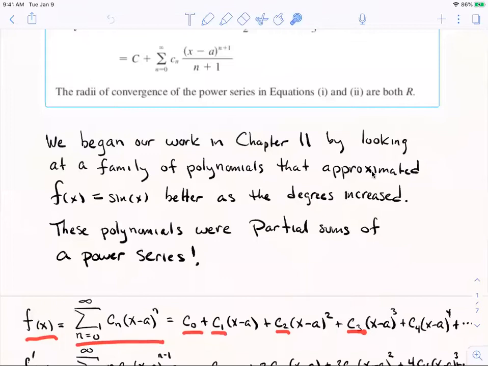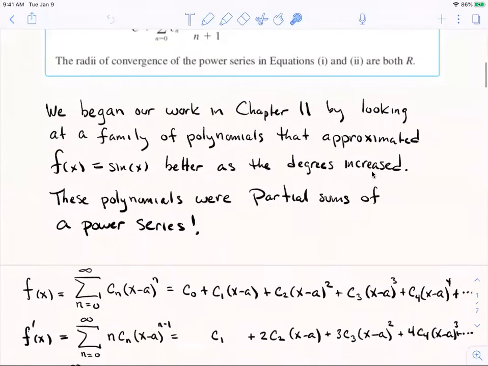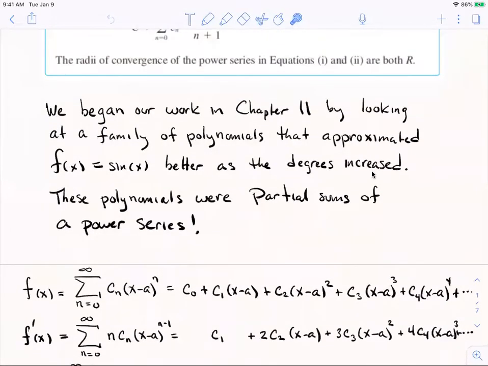If you hand me a function like sine of x, and you hand me a center, like a equals 0, or whatever you want, then I need to find these numbers, c0, c1, c2, an infinite set of numbers that makes that power series converge to your function value, f of x. Well, using the theorem above, we can start doing some differentiation. f prime of x, if we term by term differentiate in the summation notation, look what I'm doing.